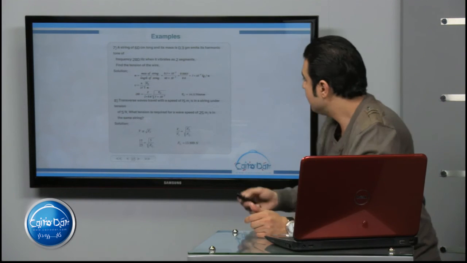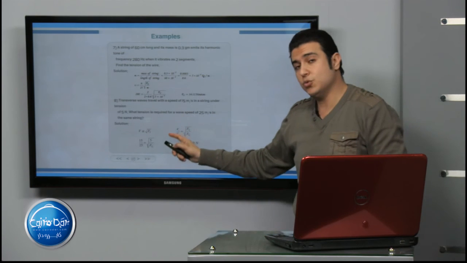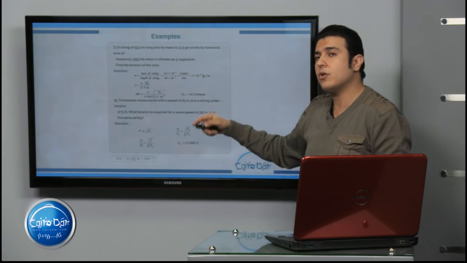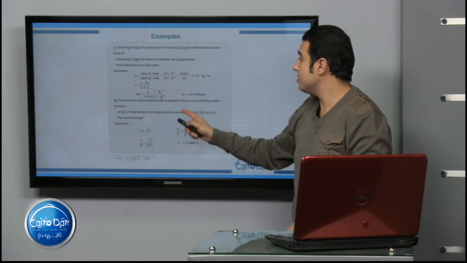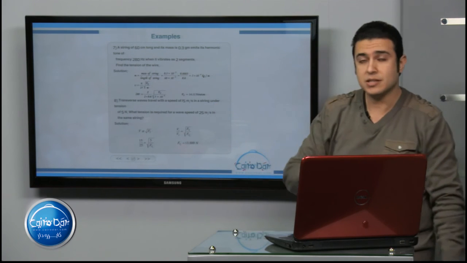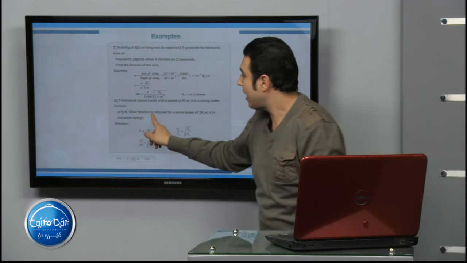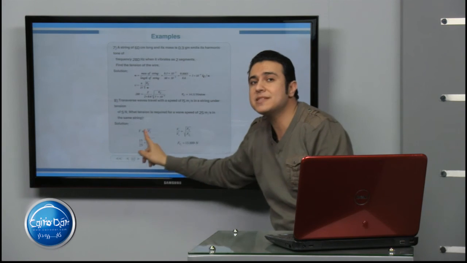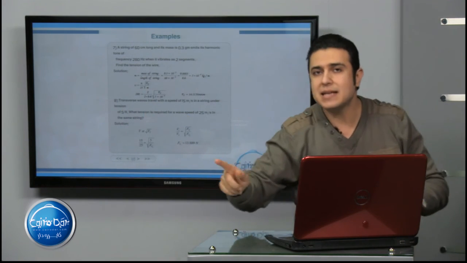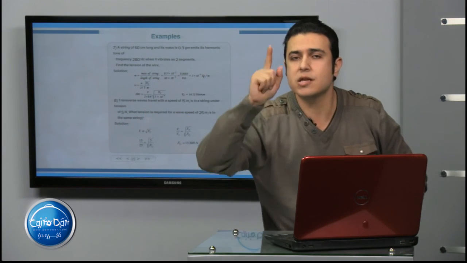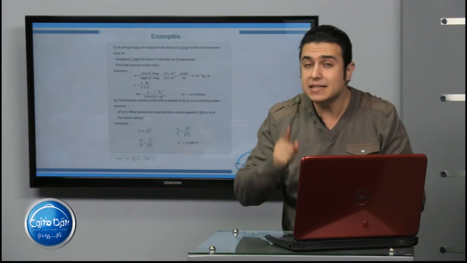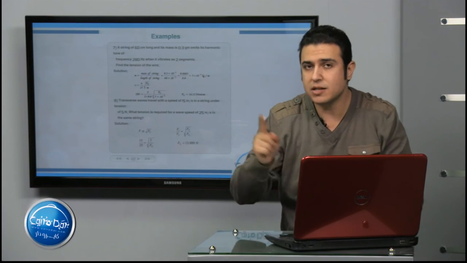So V1 over V2 equals square root of Ft1 over Ft2. Why? Because this string is not changed. It is the same string, so the mass per unit length is not changed.